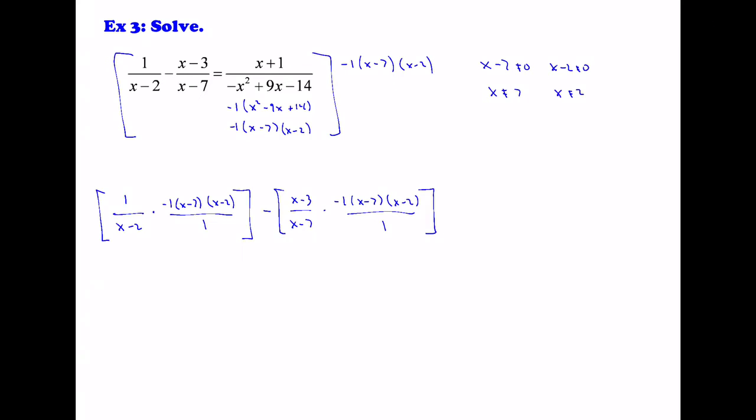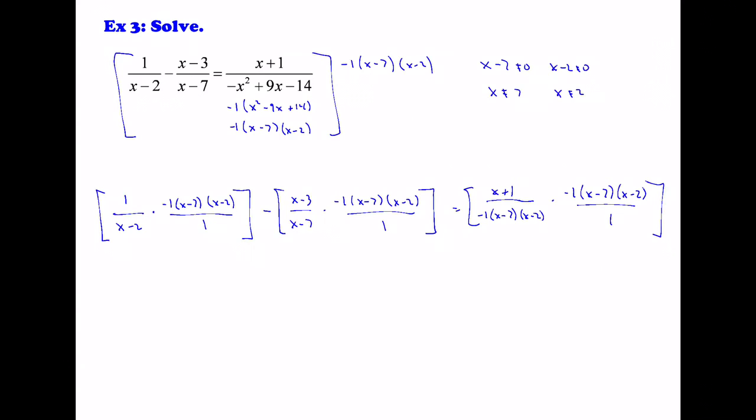And that's my second term, is equal to, so I'm going to write this one in factored form so we can see what's going to cancel. And that also gets multiplied by that common denominator.